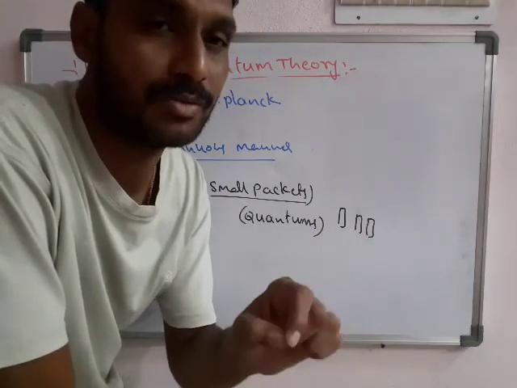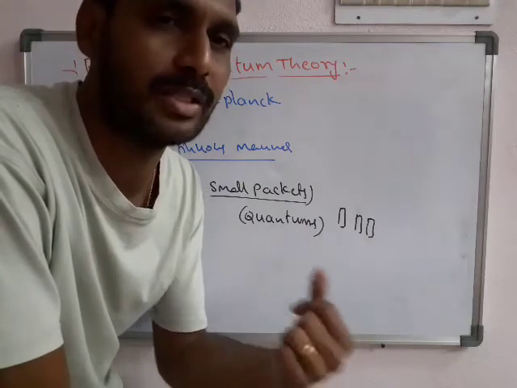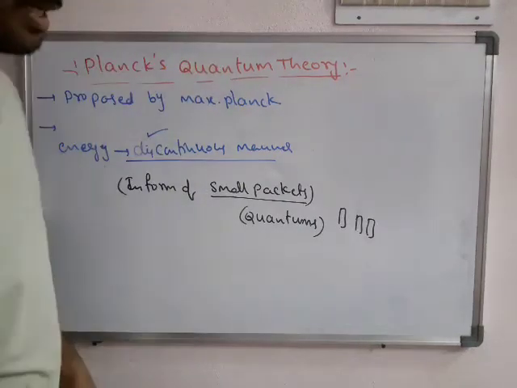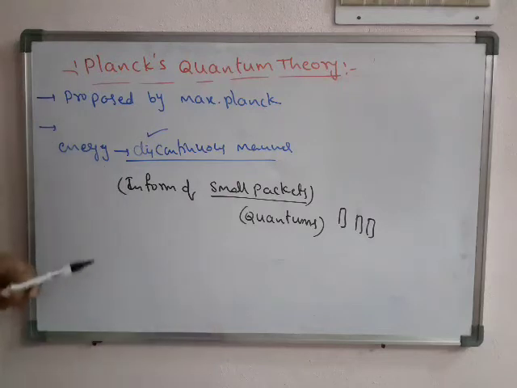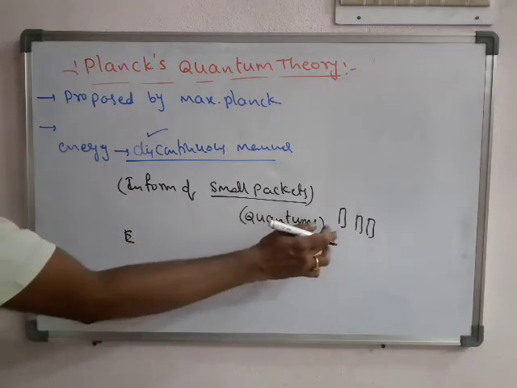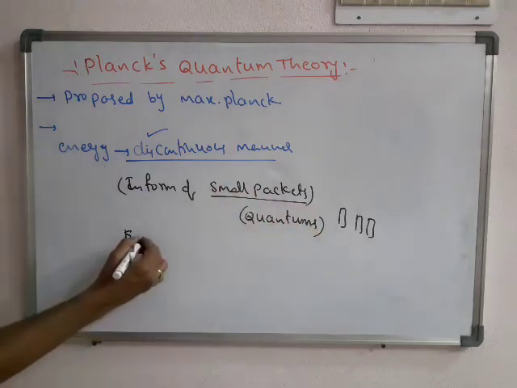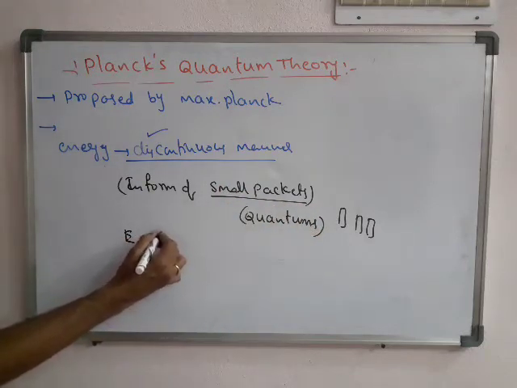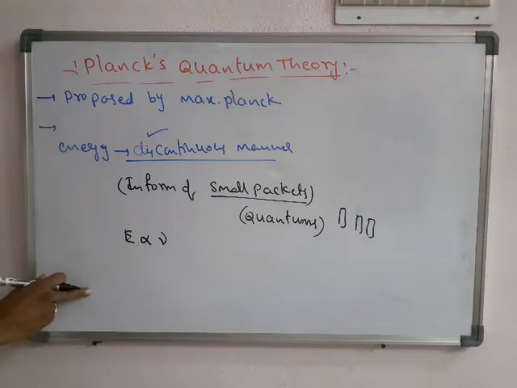After observing the energies of all those quantas, he also gave a mathematical expression: the energy of quantas, the energy of those small packets, is directly proportional to the frequency of the radiation.